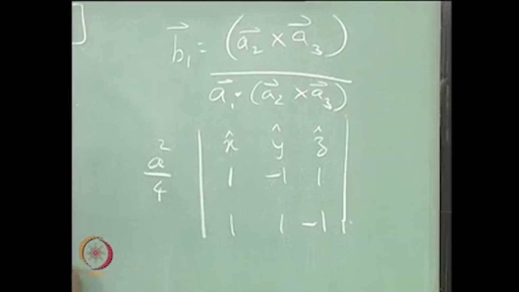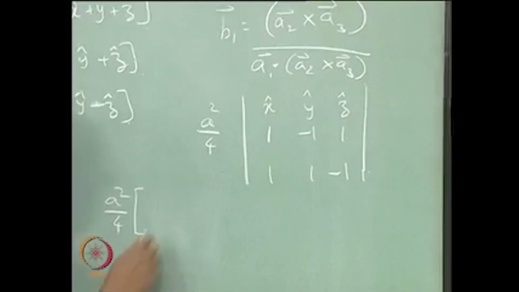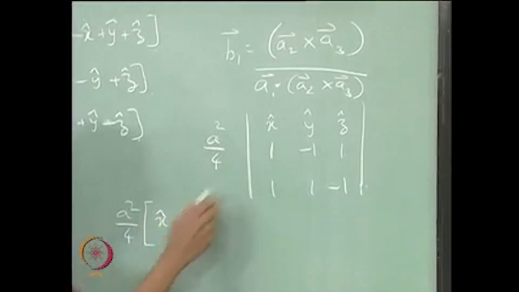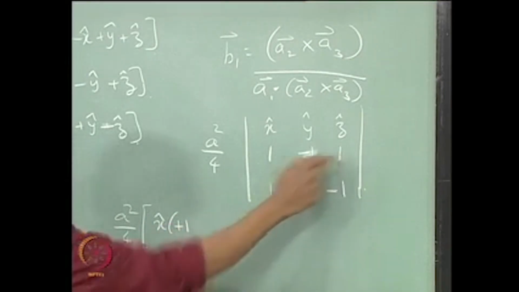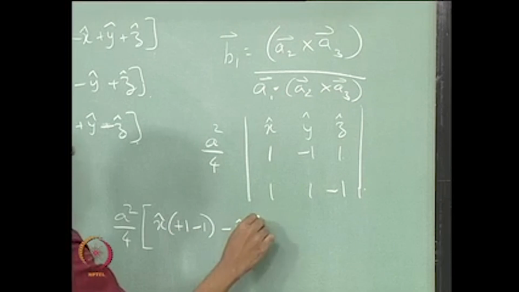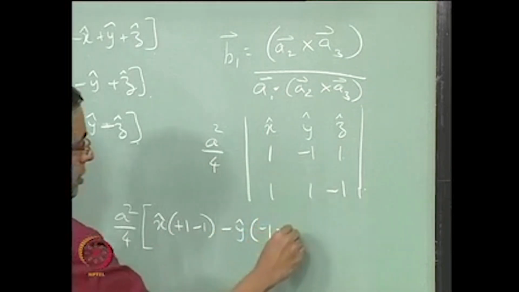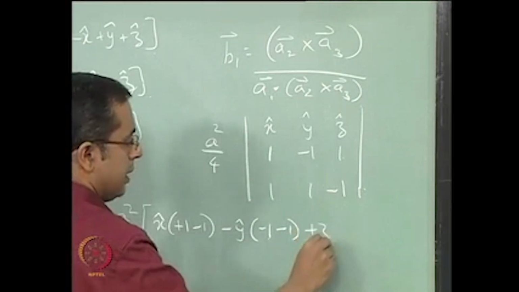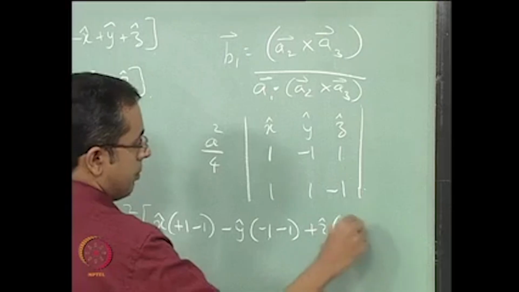We get a square by 4 times x cap into (1 minus 1), minus y cap into (minus 1 minus 1), plus z cap into (1 plus 1).